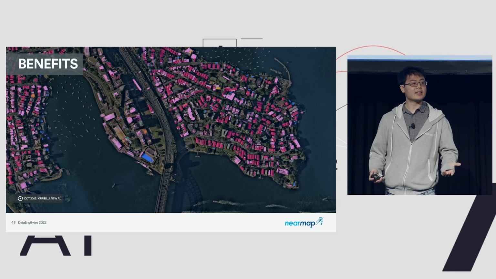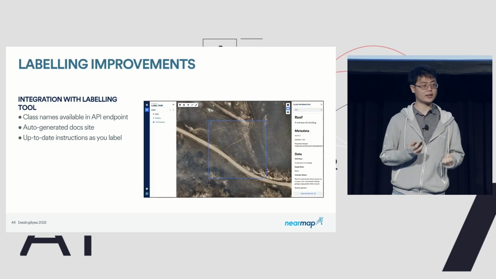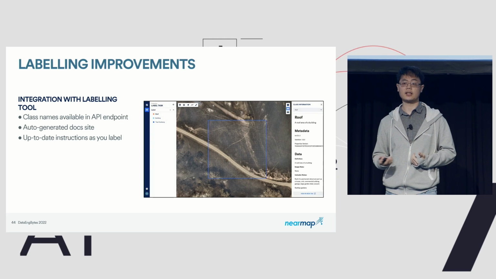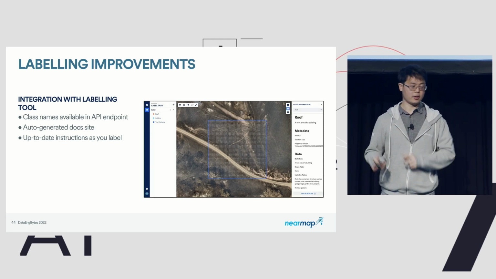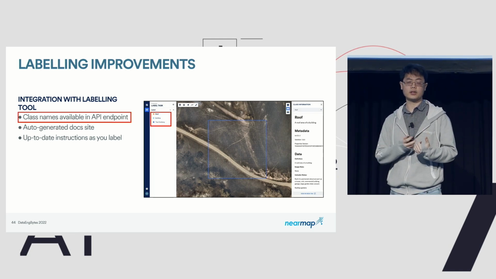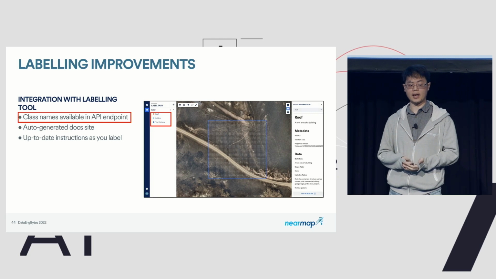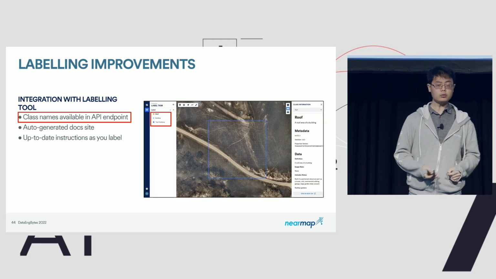So there's a bunch of benefits that we are already seeing from this system. The one that the team is the most excited about is that we have integrated this into our labeling tool. So this is a screenshot of what the labeling tool looks like, and we basically have pulled the class names from our backend API. So anytime we rename a class, it will automatically get reflected in the tool.